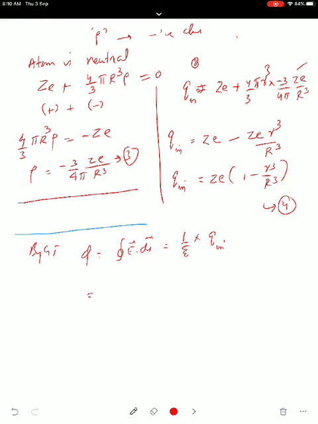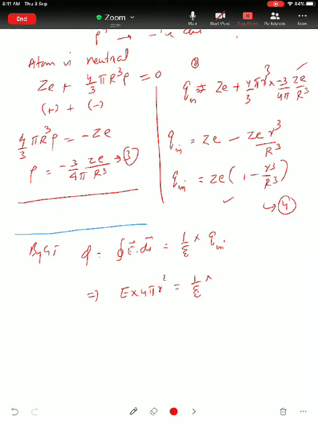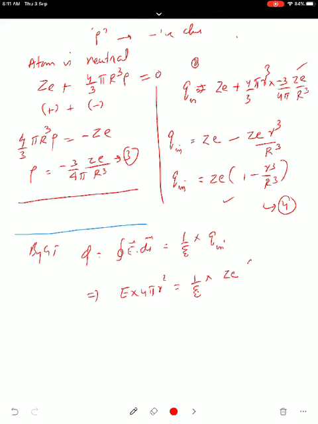The closed integral of E dot ds we calculated, that is E into 4 pi r square, equals 1 by epsilon 0 times Q inside, already obtained from equation number 4: Ze into 1 minus small r cube divided by capital R cube. So what is the value of E from this? The 4 pi r square will go to the right side.